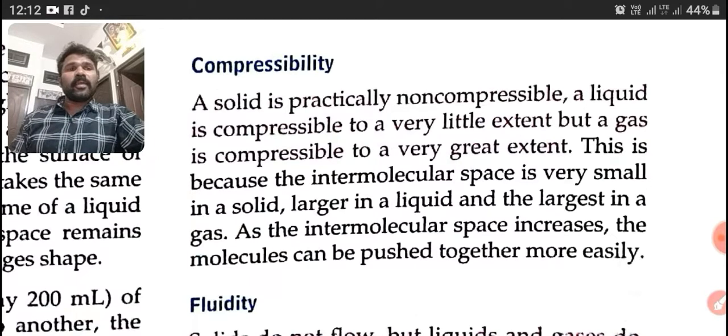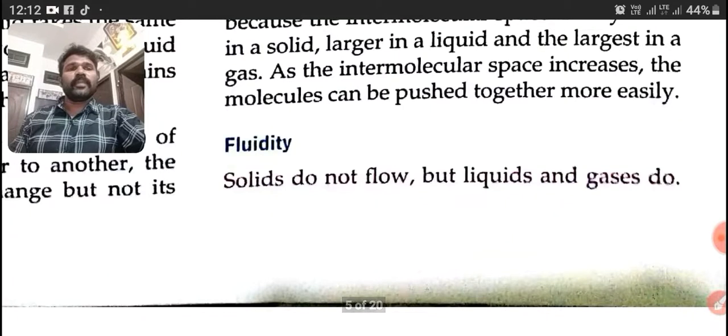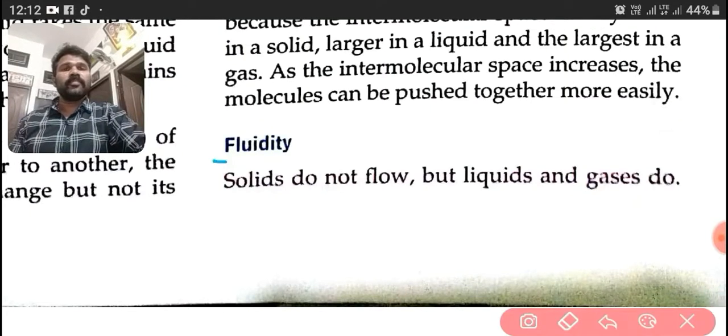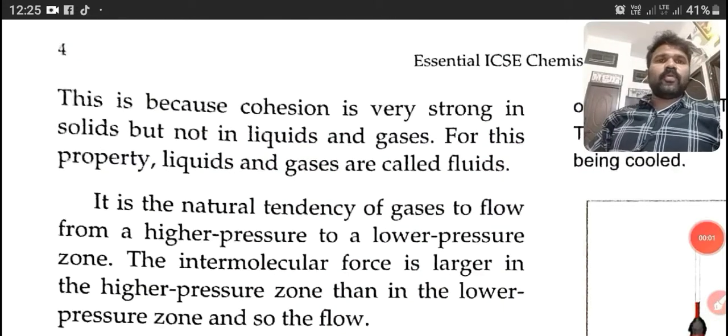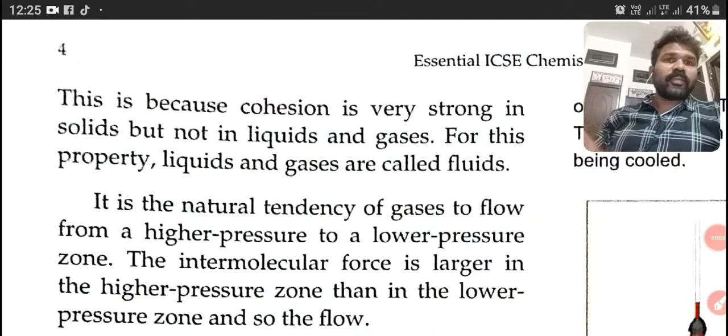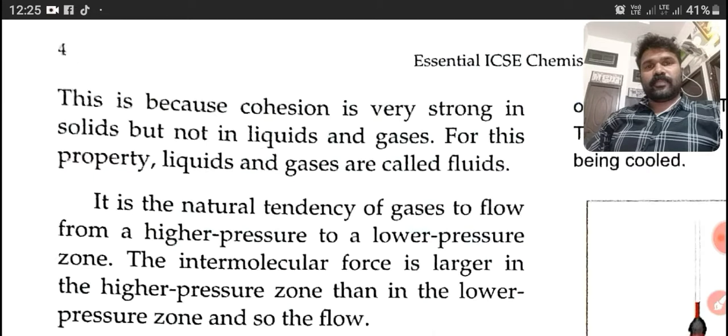Now our next topic is fluidity. We know that solids do not flow, but liquids and gases do. This is because cohesion is very strong in solids but not in liquids and gases. Yesterday we discussed cohesion, the intermolecular force.